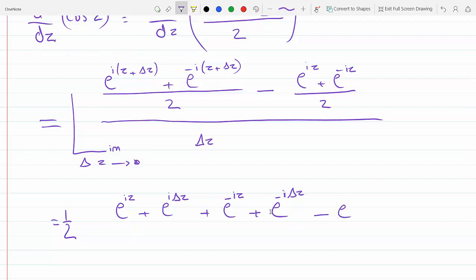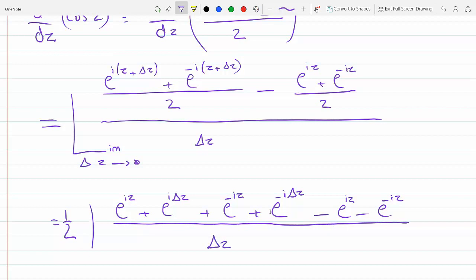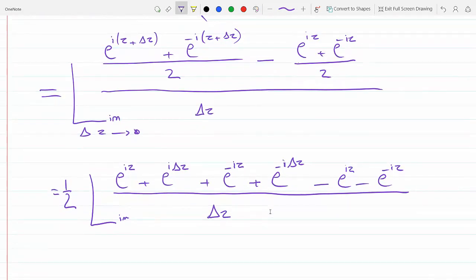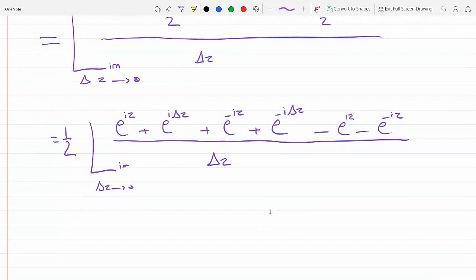So this is minus, it's the same denominator, e to the iz minus e to the minus iz, all over delta z, and then we will take the limit as delta z goes to 0. Okay, now let's combine the terms that have iz together.